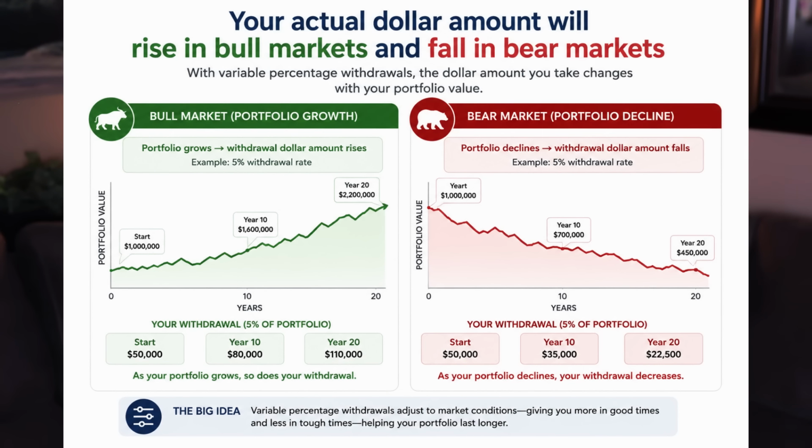Your actual dollar amount will rise in bull markets and fall in bear markets, which means your annual spending is not locked to inflation. While this method often permits higher initial withdrawal rates than constant dollar strategies, it requires spending flexibility. Some retirees love adjusting their lifestyle to market highs, but find it difficult to scale back spending during market downturns.